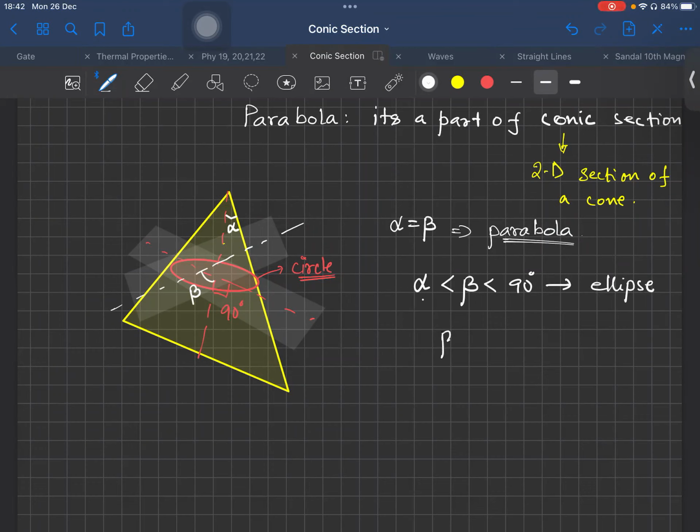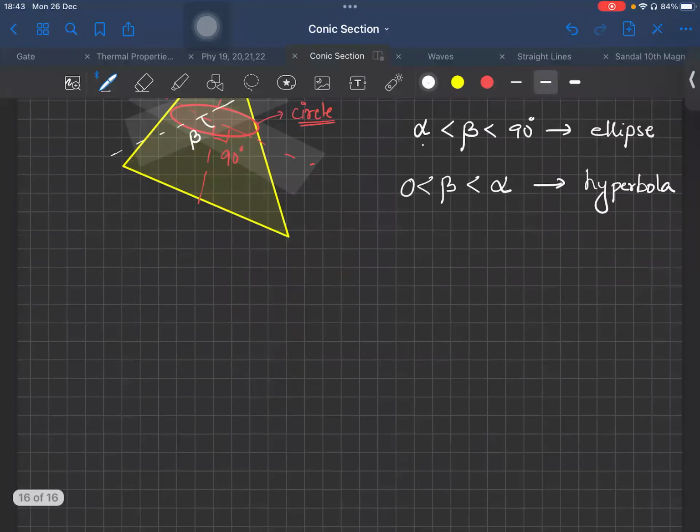And if beta is greater than 0 but lesser than alpha, this type of section is called a hyperbola. So these are called conic sections, that means a part of a cone.